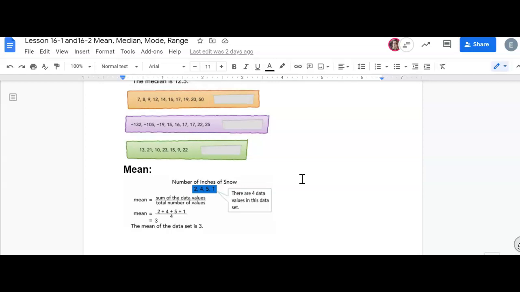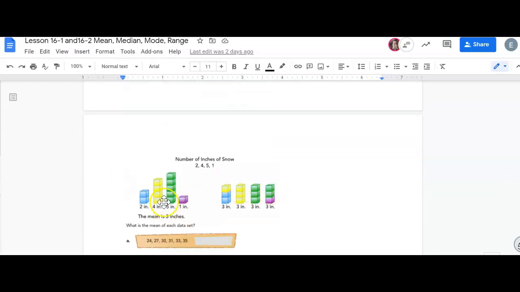So in this example, they have 4 days of snow. We find the mean by leveling out those 4 days. Here are the building blocks to show that. We have flattened them out. So we need to take a building block from day 2 and put it into day 1. We needed to take 2 blocks from day 3 and put it into day 4, so they were all level.